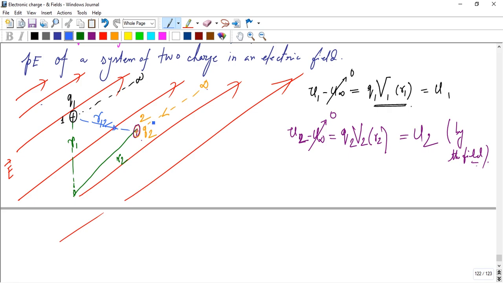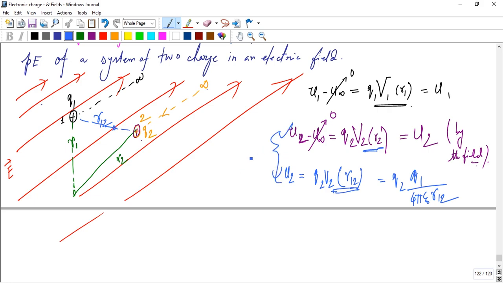So there is another work done, that is Q2 times V2, not a function of R2 but of R12, because that potential is created by Q1. That is Q1 by 4 pi epsilon naught R12. That is the extra work done, U2 dash.